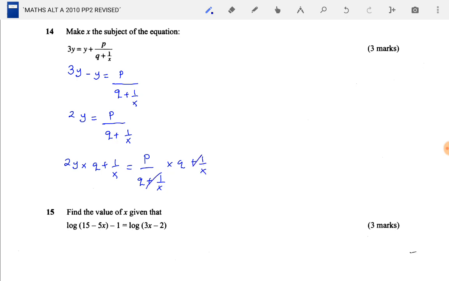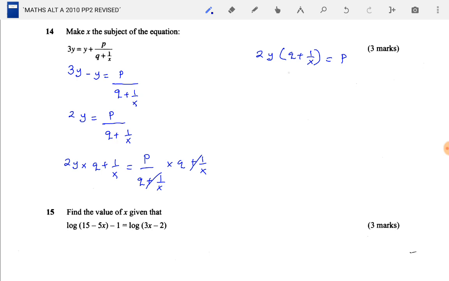In this case, that will cancel out, so that we're going to have 2y times q plus 1 over x. Now we can have q plus 1 over x alone, so that we have 2y into q plus 1 over x is equal to p.